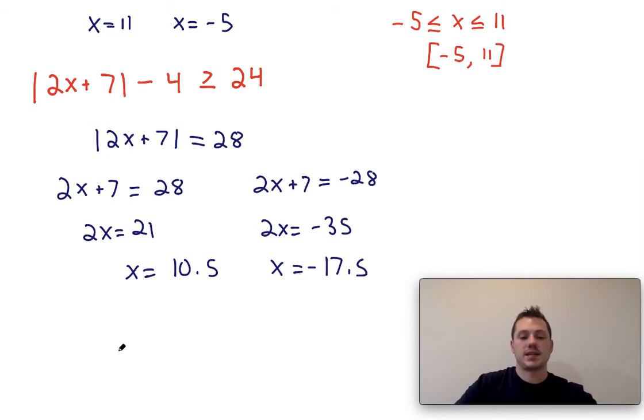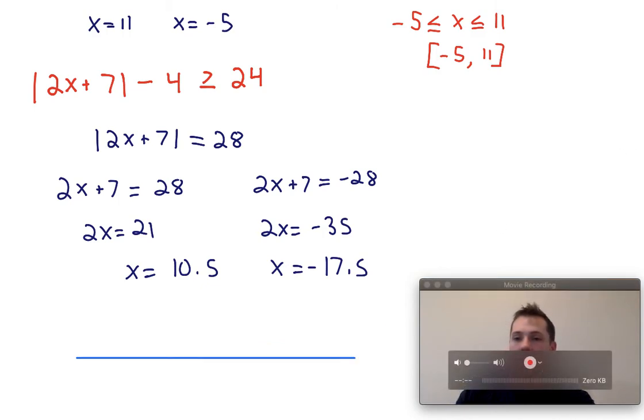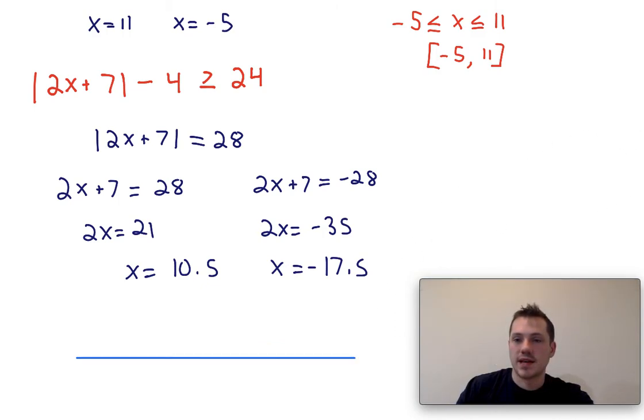So, with that sign chart, we start by drawing a line, just like this. And we're going to pick values that are on either side. So I'm going to put negative 17.5, and I'm going to put 10.5, and I'll pick a value in between them to start. So I'm going to start with 0.